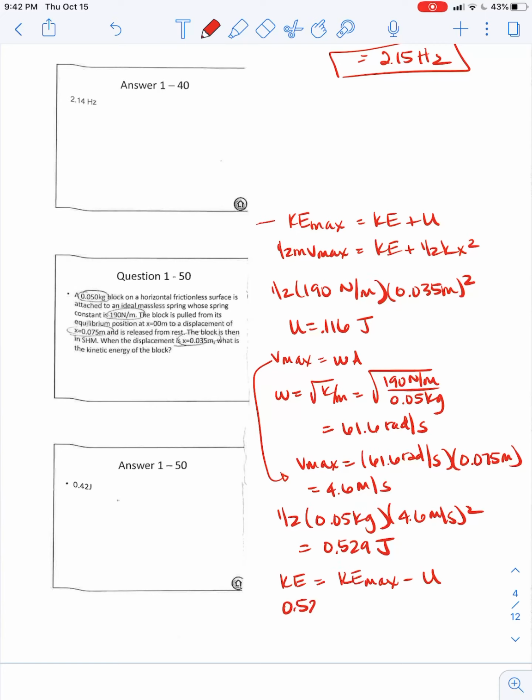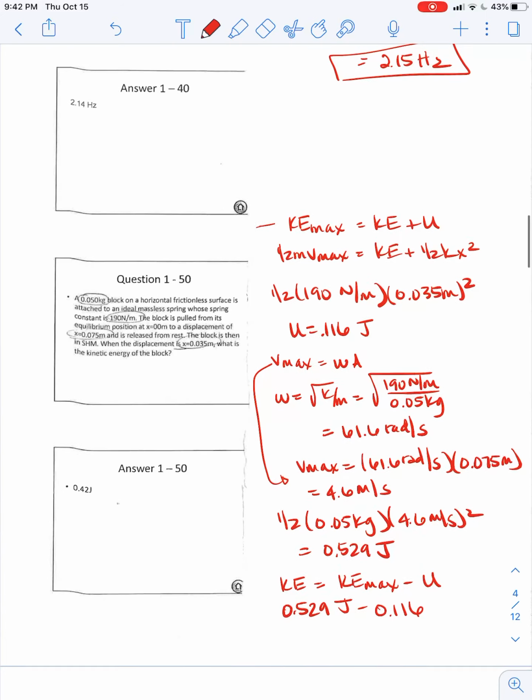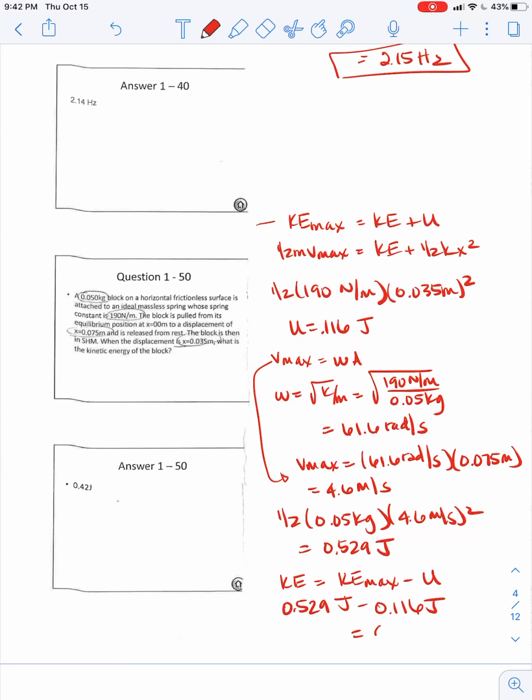So 0.529 joules minus 0.116 joules is equal to 0.42 joules. All right. So again, you've kind of got that energy principle equation again.